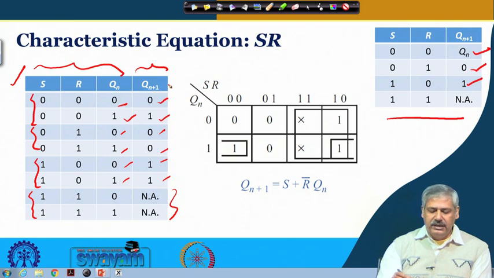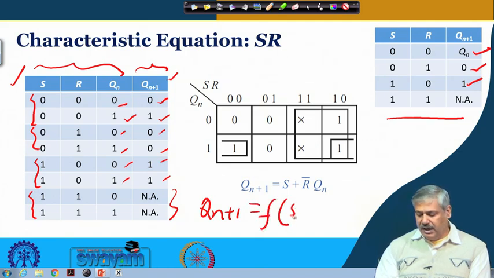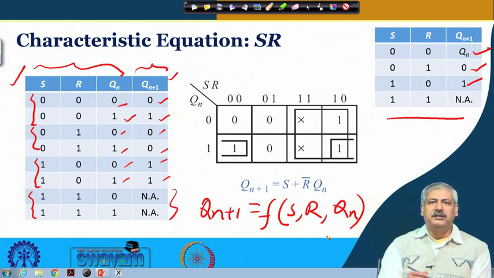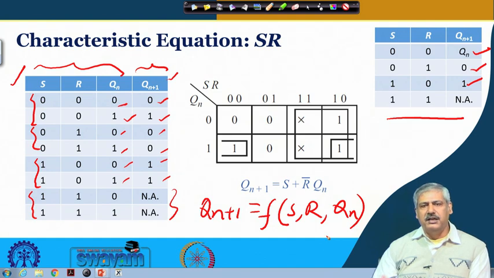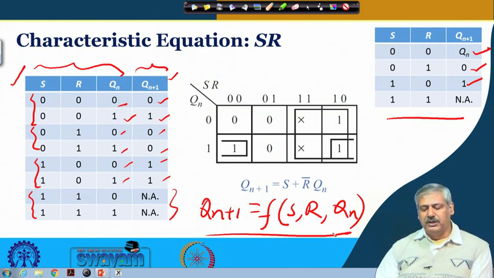The idea here is we want to represent Qn plus 1 as a function of S, R and Qn. We can take a minterm based representation and minimize it using Boolean algebra or any other technique. Karnaugh map is handy. So, we look at the Karnaugh map based representation of this logic equation.